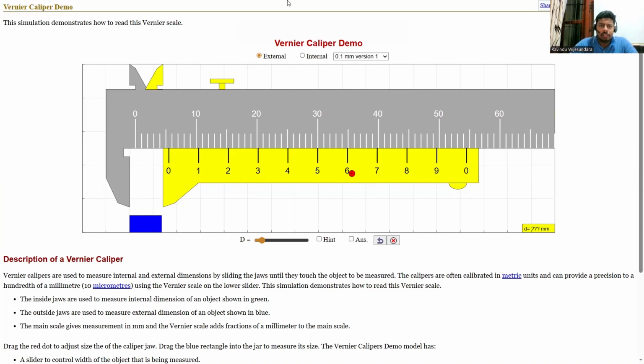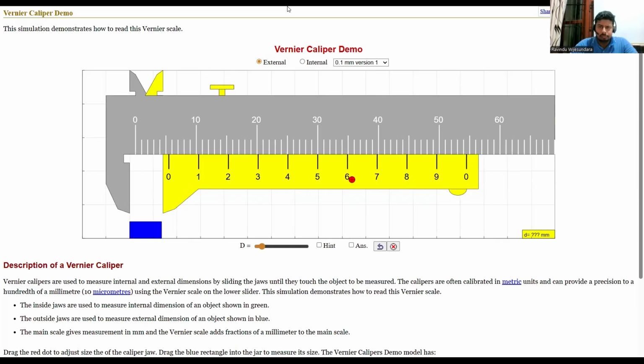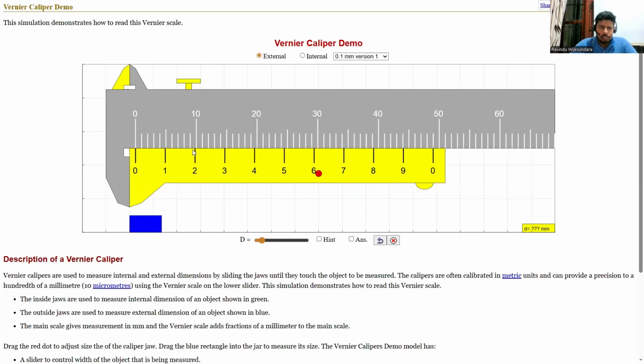If someone needs to calculate the least count, I am putting a text so you can easily understand.